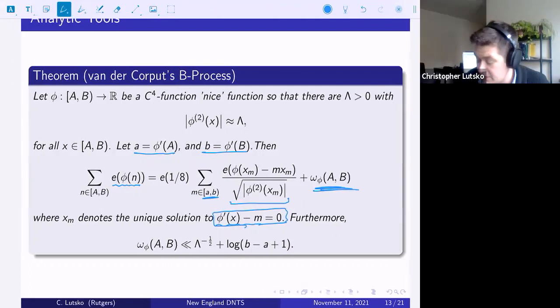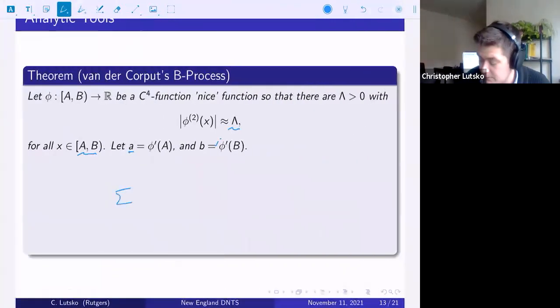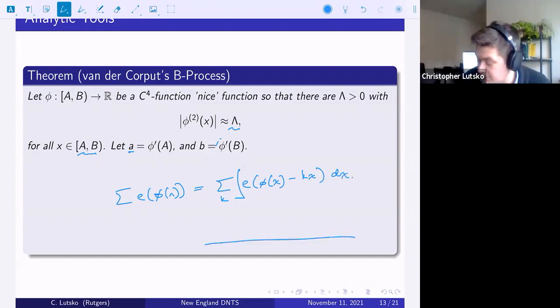If you want to know where this comes from, well, we take our function e of phi of n, we apply Poisson summation, and we get the sum over k of the integral of e of phi of x minus kx. Now this is an oscillatory integral, so it looks something like this.